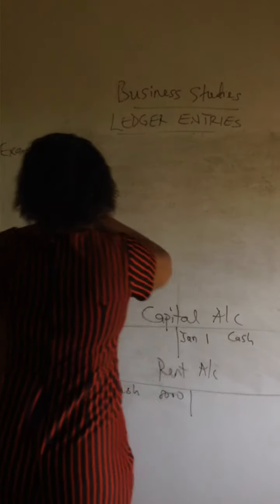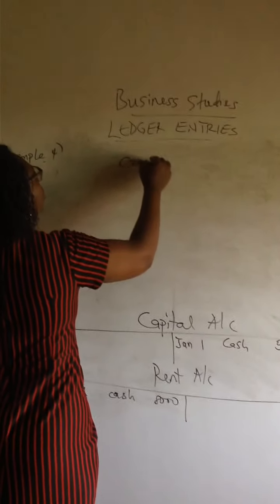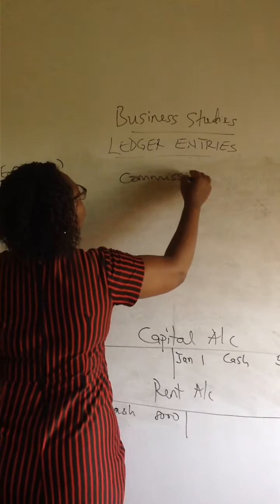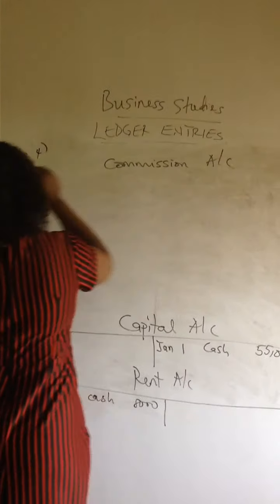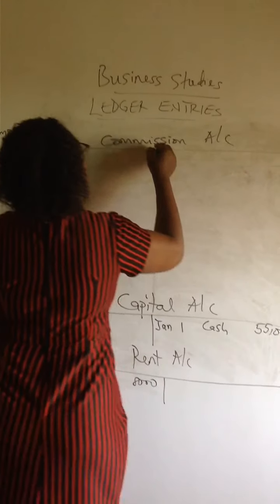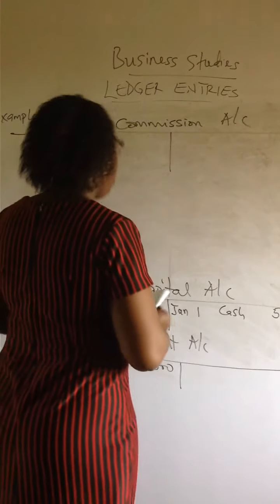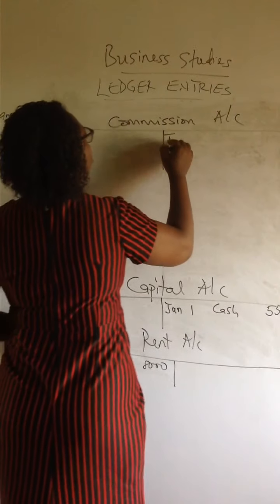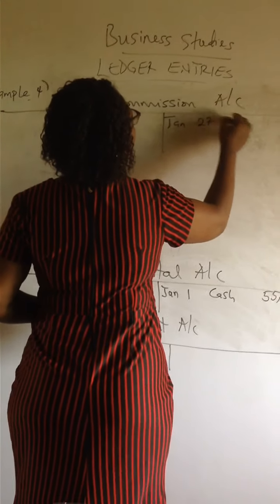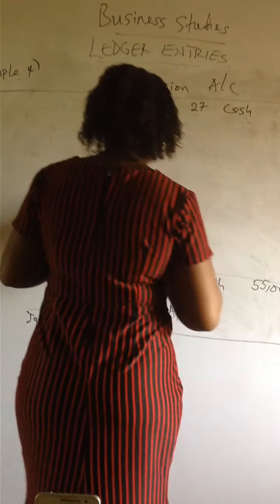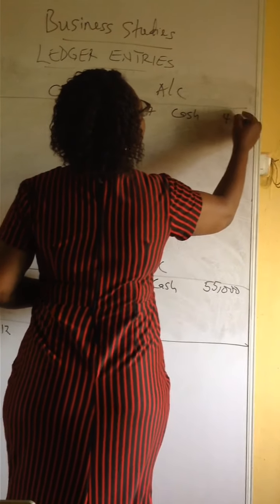For space, I have to wipe this out. Open commission account. Commission was debited, so we have to credit it now. It was for January 27th, and commission was 4,500 naira.